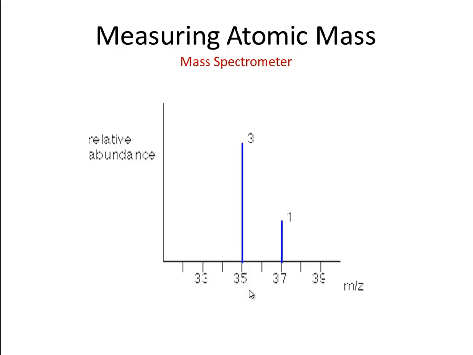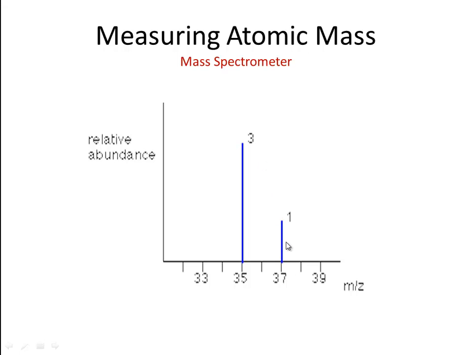This just happens to be the mass spectrum for atomic chlorine. And what you get is two peaks. One is at a mass of 35 and the other is at a mass of 37. And the height of these peaks is in a very particular ratio. The peak at 35 mass units is very close to 3 times taller than the peak at 37.